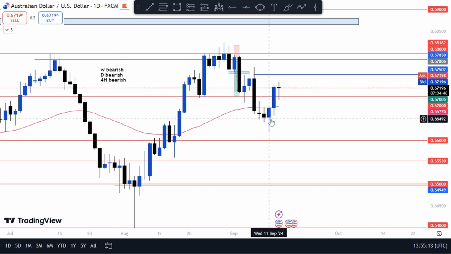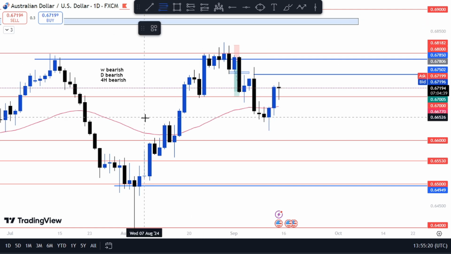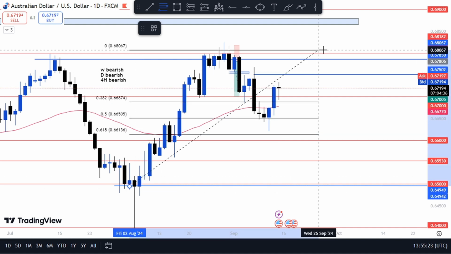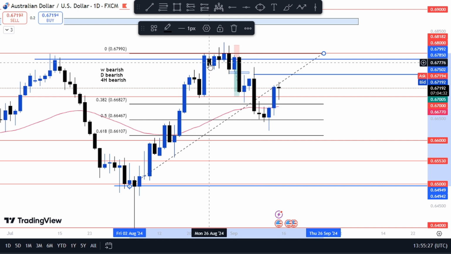So this new low that has been created, you have to look at every angle of the market. I took my Fibonacci from this low to the high here, because before this low happened, the market was creating higher highs. So I took my Fibonacci from the daily low to this swing high.